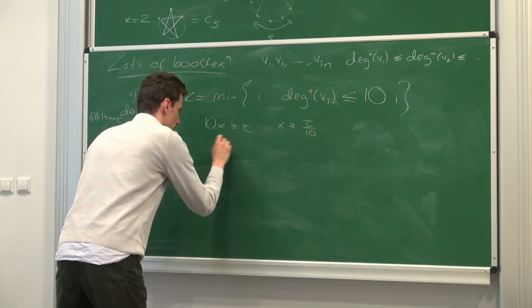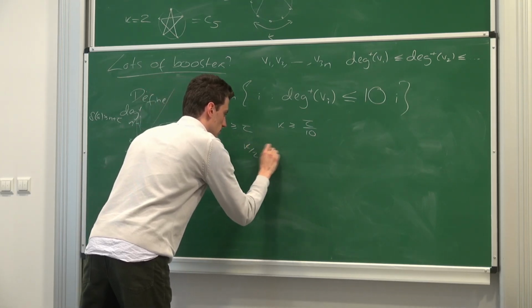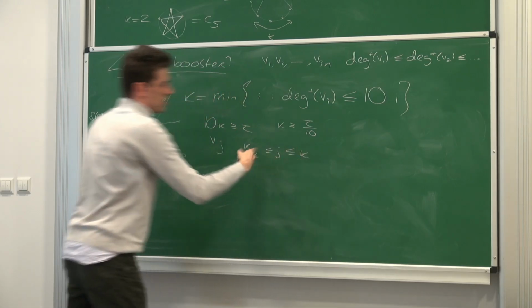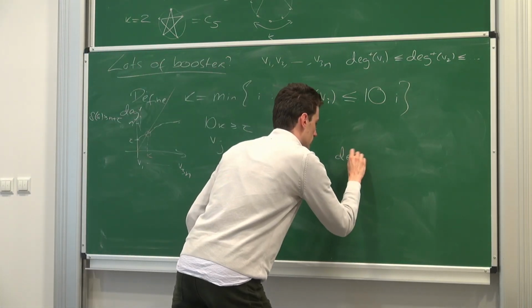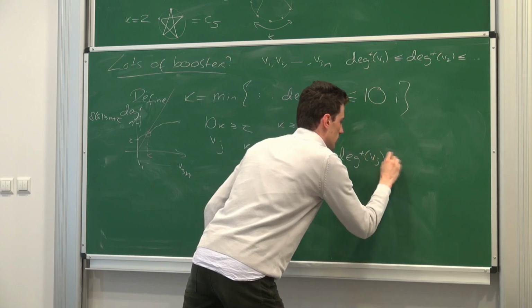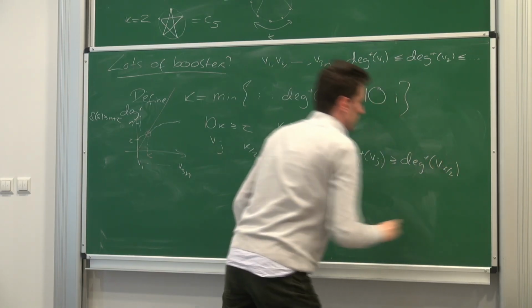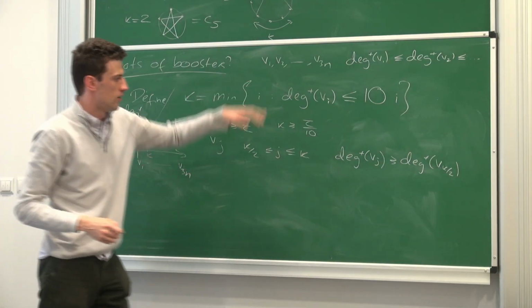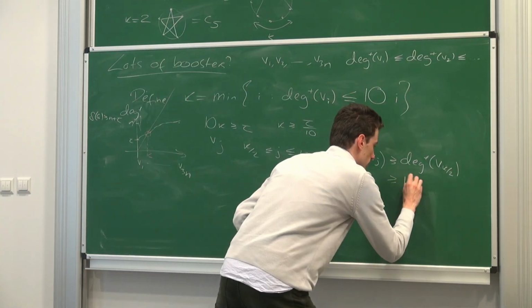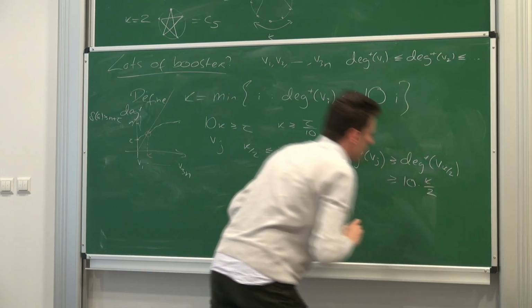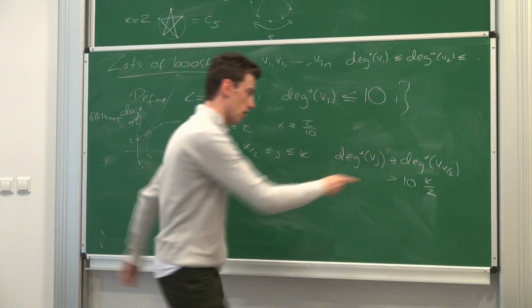And now, let's consider Vj, where j is close to K, so between K/2 and K. Its forward degree is at least the forward degree of Vk/2, but by minimality of K, we know that the forward degree of Vk/2 is more than 10 times its label.